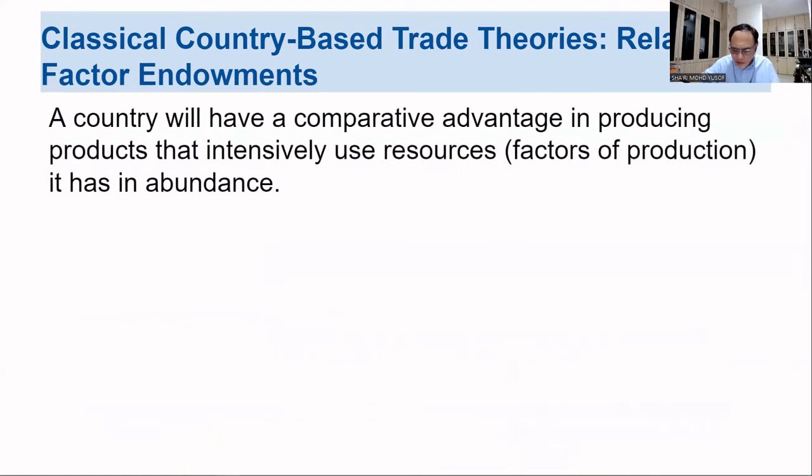The theory says that a country will have a comparative advantage in producing goods that intensively use the factors of production it has in abundance. Different countries have different resources, which they call factor endowments.